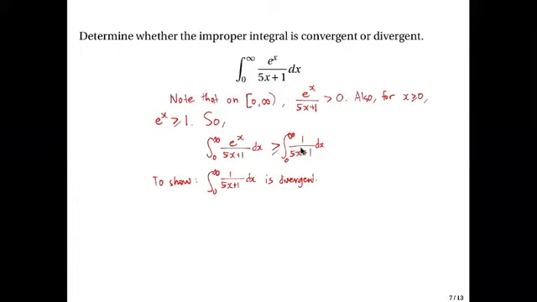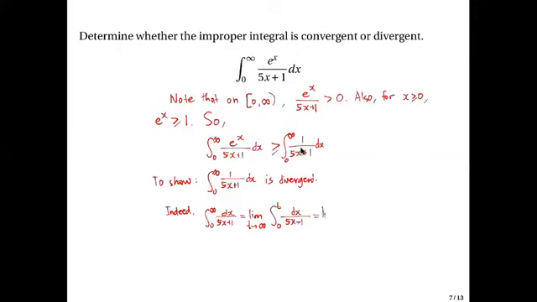Indeed, we have the integral from 0 to plus infinity of dx over 5x plus 1. Again, it's an improper integral, so we use the definition: the limit as t approaches plus infinity of the integral from 0 to t of dx over 5x plus 1.